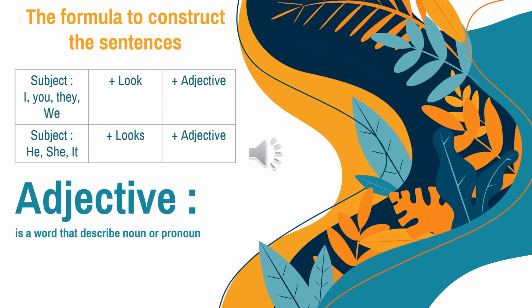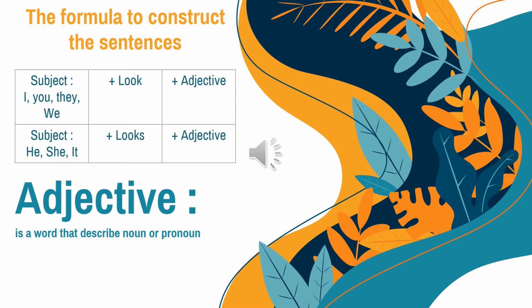The formula to construct the sentences, here in the table, I divide into two types. If you want to use the subject I, you, we, they, it is followed by look and then an adjective.